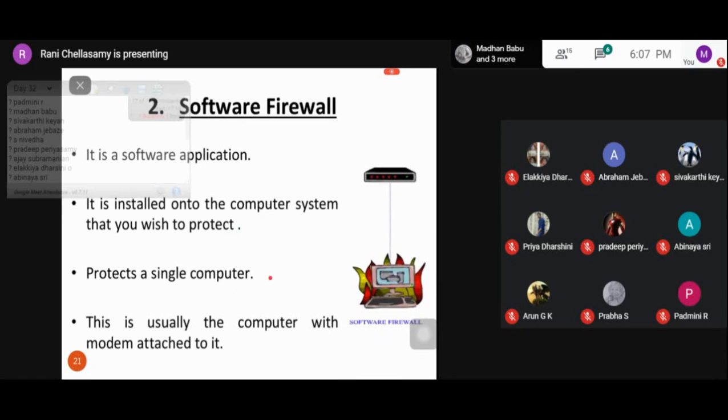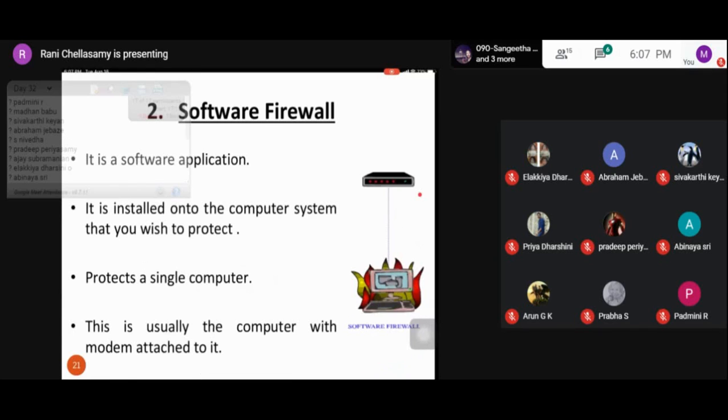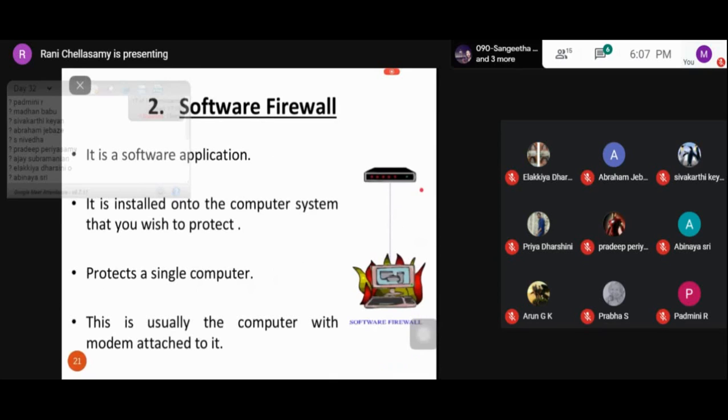So usually this is a computer with a modem. The software firewall will have a modem, and the software firewall has been installed in the individual computer. Okay. So the modem and the computer will be attached.